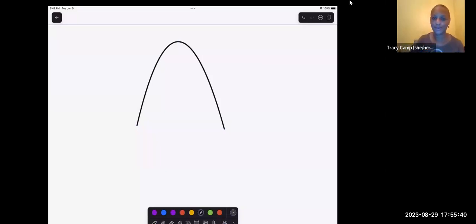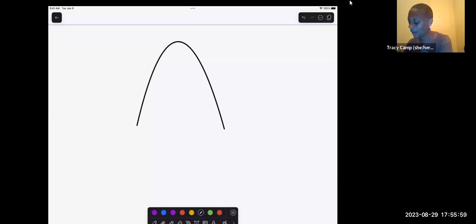Like I was saying earlier, when we read graphs in mathematics, we typically read from left to right. So I'm going to start reading this curve from left to right. What I want you to notice is that on the left side of this curve, the curve is increasing.